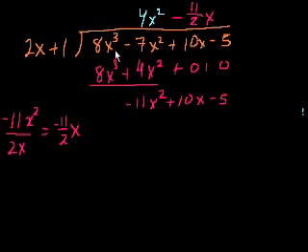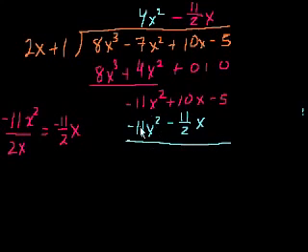And then minus 11 halves x times 2x. Well, if you multiply them out, it'll be minus 11x squared. And I think you see what we're doing. After every step, we're canceling out the largest degree of the polynomial we're dividing into.